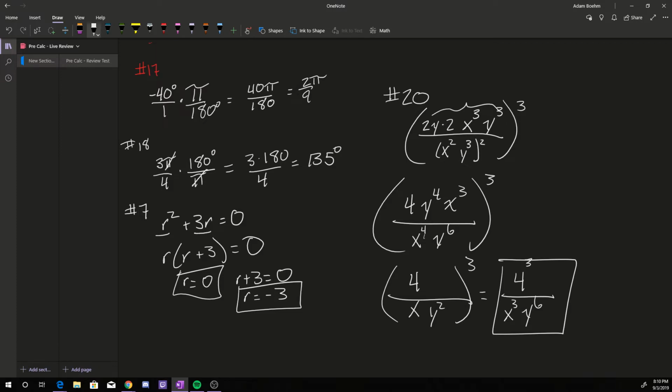So the 2 or 3, I guess, main properties we used were power of a product, so if you have a product of two things and they're taken to some exponent, that exponent just distributes to each one.